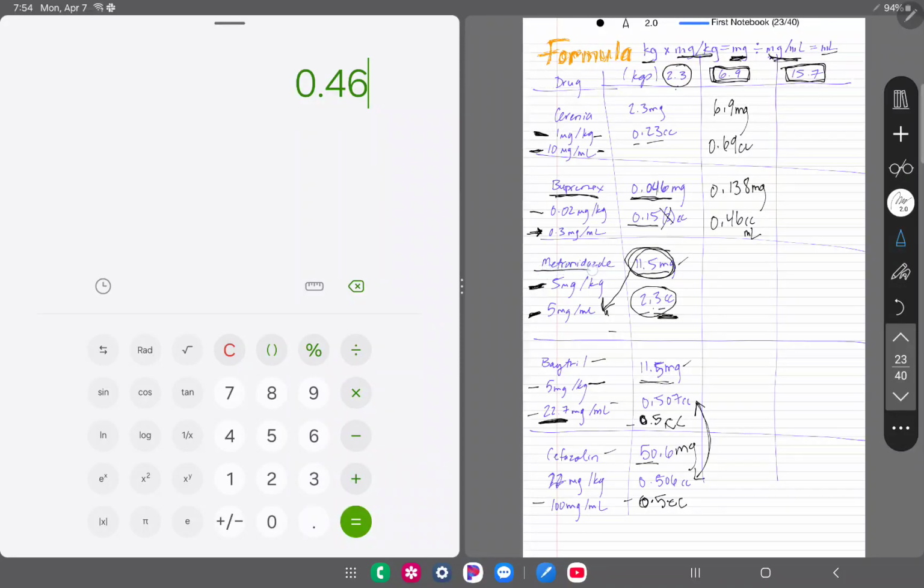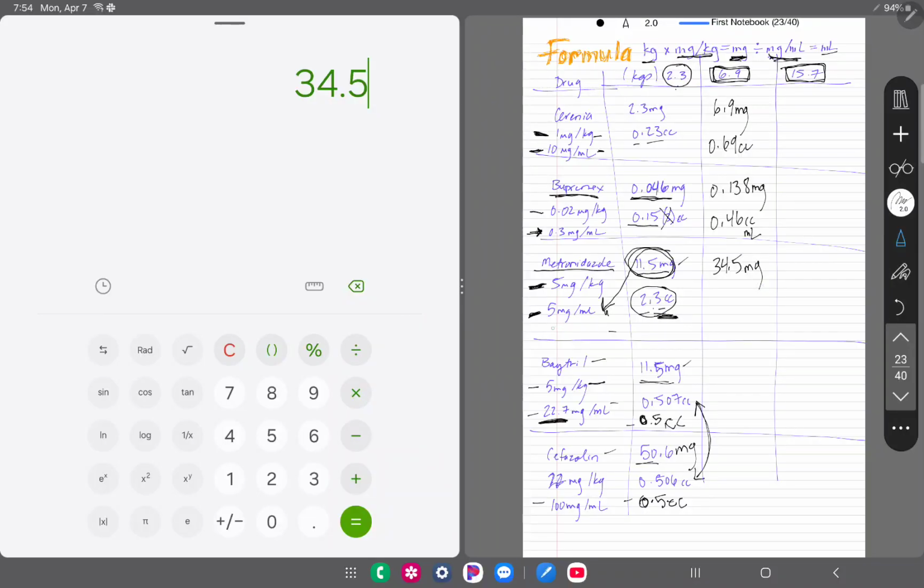Now we move on to metronidazole. You take your 6.9 kgs times 5, which is mg per kg, or again, dose, and you're going to get 34.5 mg.